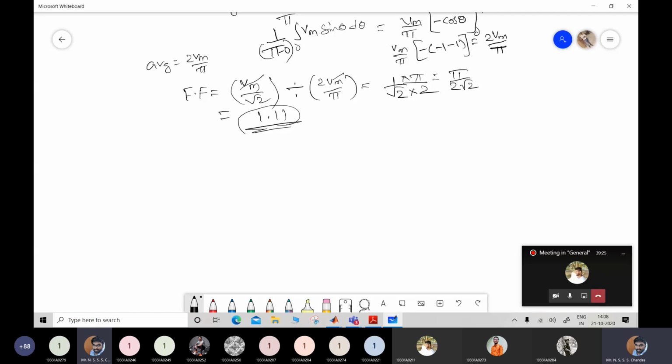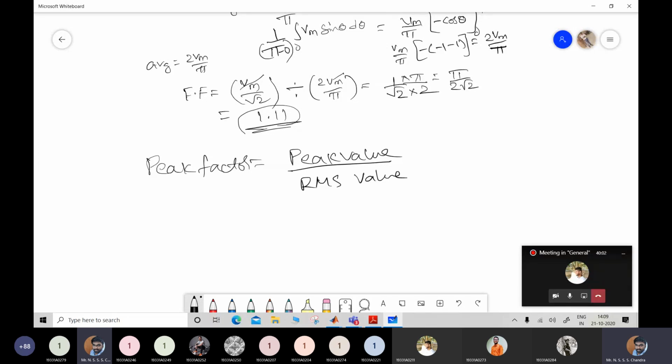Okay, so peak factor is nothing but the ratio of peak value to RMS value. Okay, peak value to RMS value.